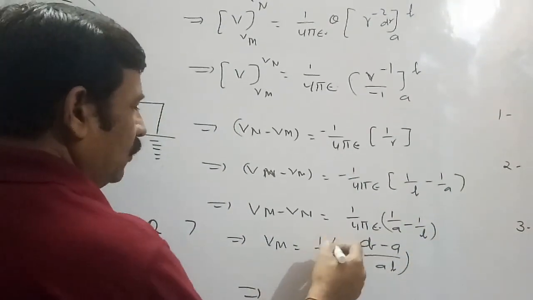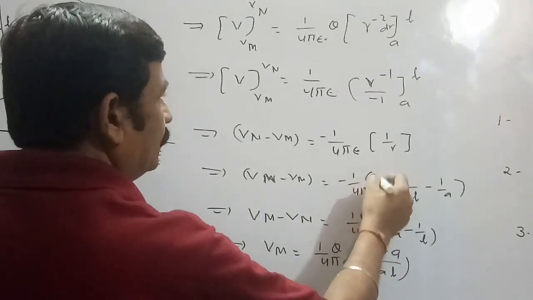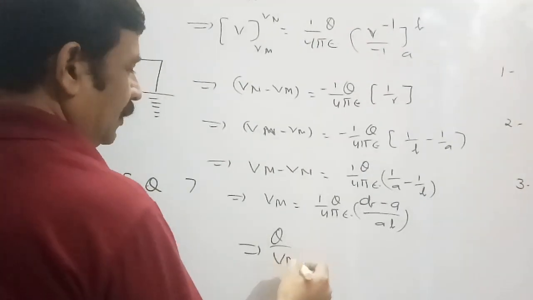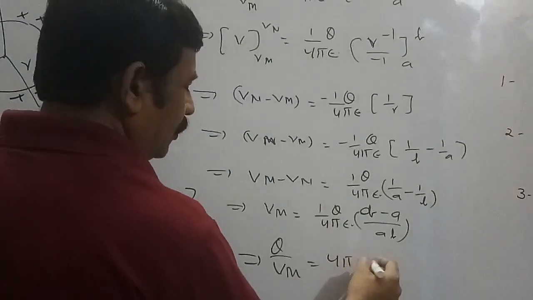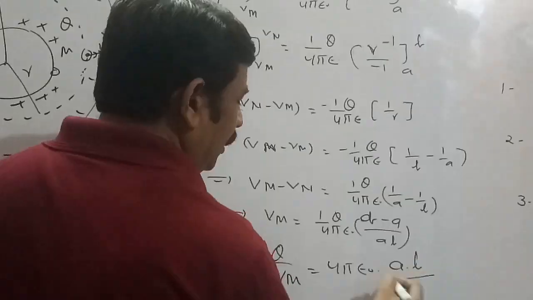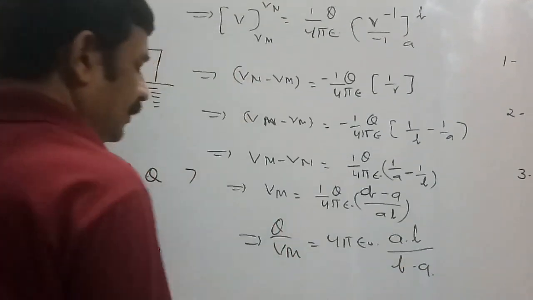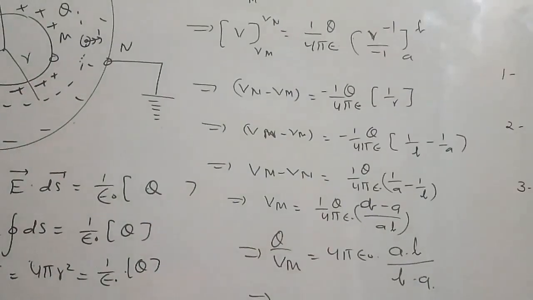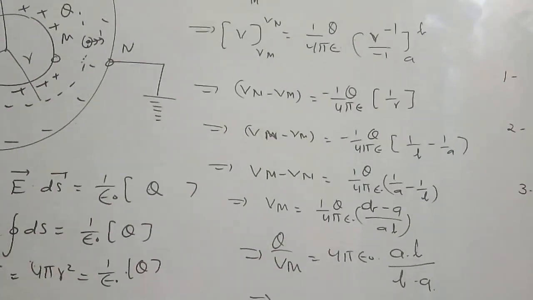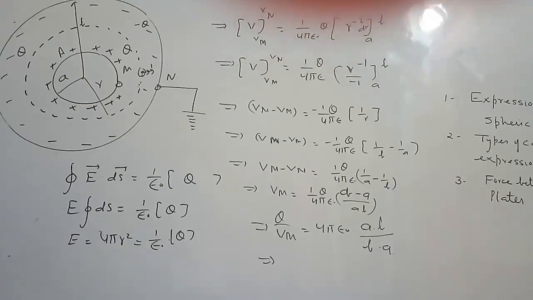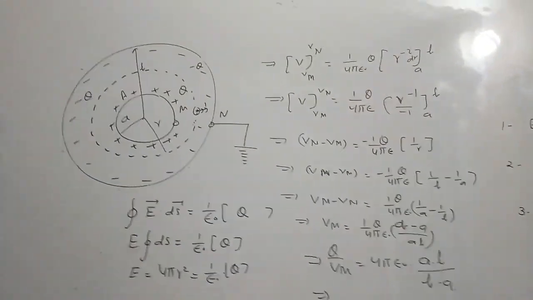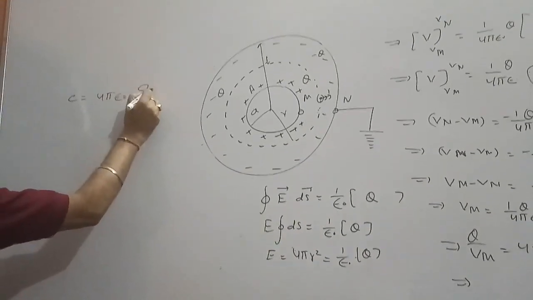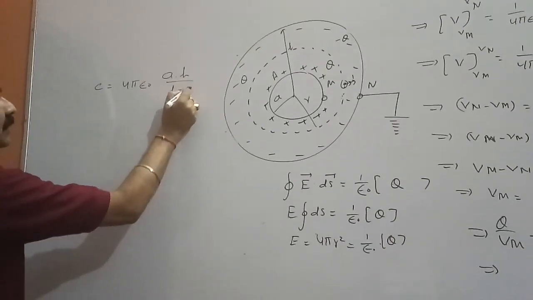So from here the value of Q upon Vm will be 4 pi epsilon naught a into b upon b minus a. So the expression for the capacity of a spherical capacitor will be 4 pi epsilon naught a b upon b minus a.